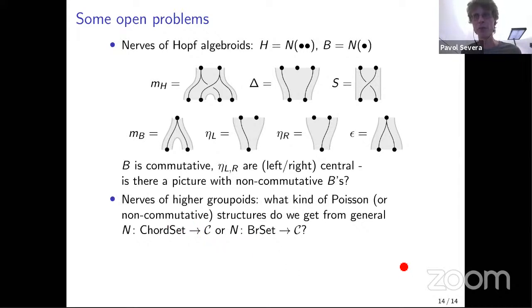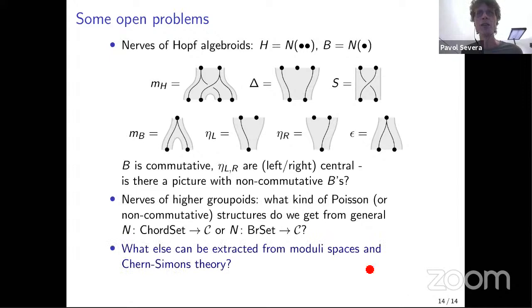So it would be really pretty to know what's going on. And finally, this is the true message: what else can one extract from this ideology of Chern-Simons theory? Okay, so thanks a lot. That's all.